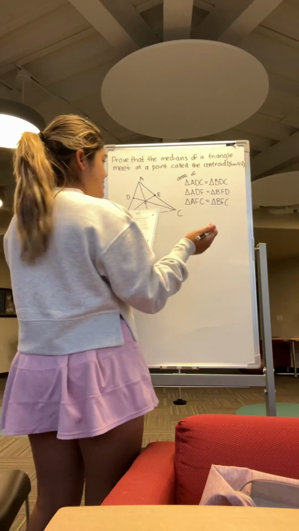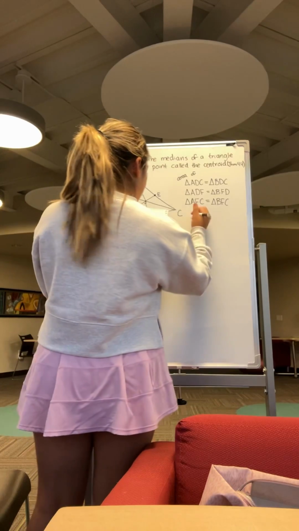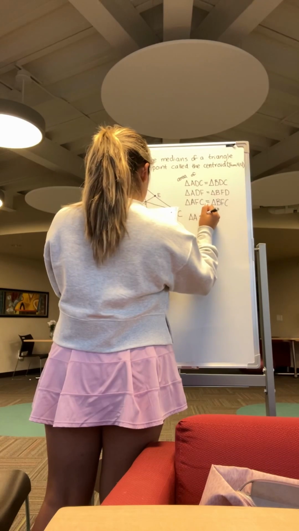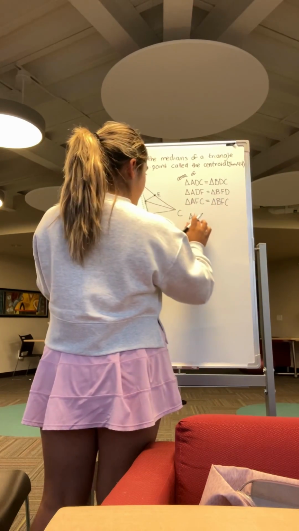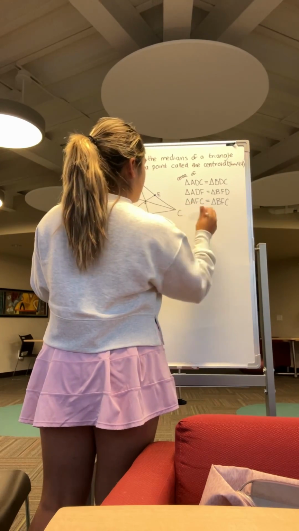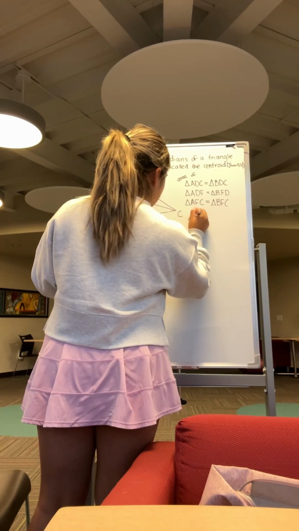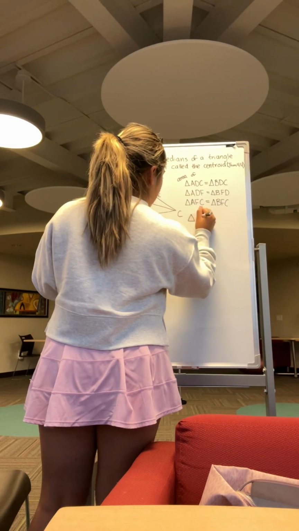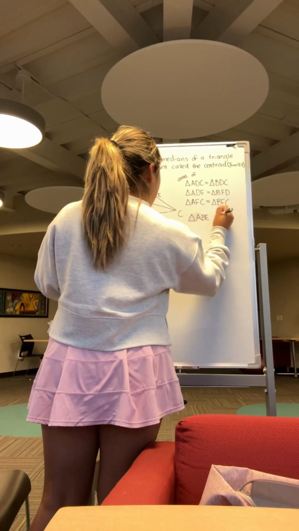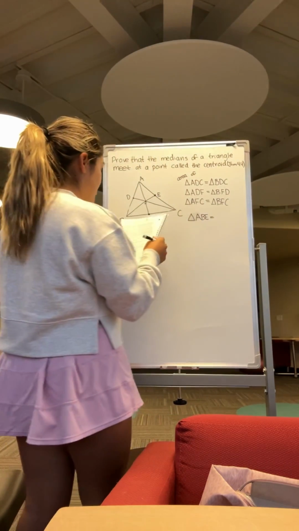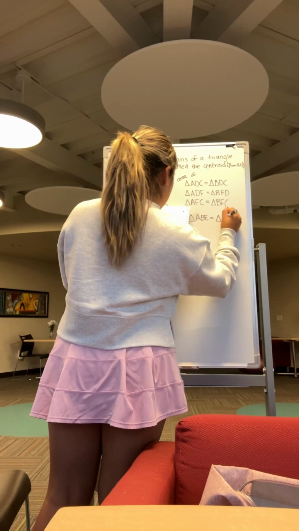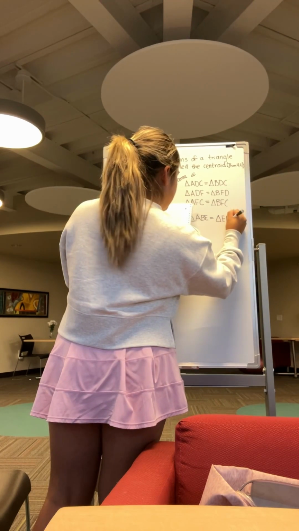Then we say similarly that the area of, that looks like two A's, let me do that again, that the area of triangle AEF is also the same as the area of triangle EBC.